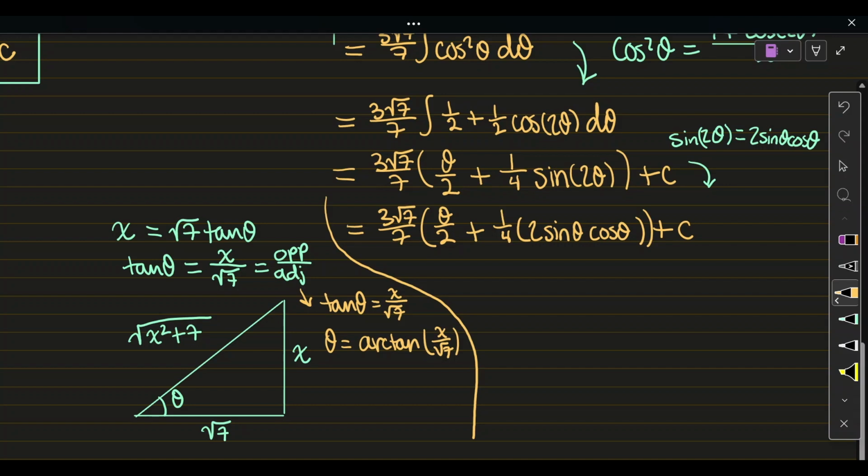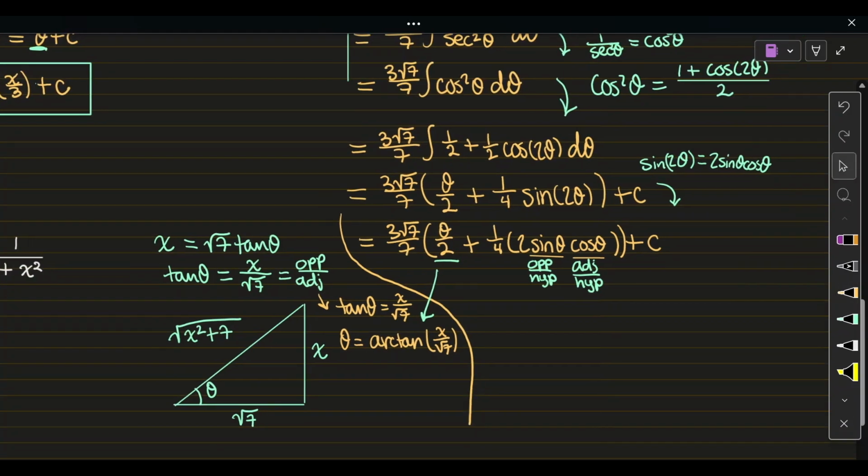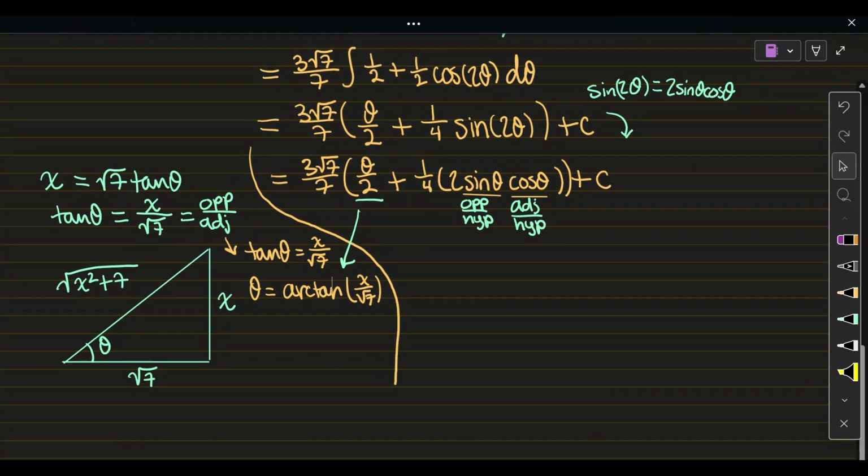Now I can determine sine and cosine of theta based on this triangle by recalling that sine is opposite over hypotenuse and cosine is adjacent over hypotenuse. And we already saw that theta is that arctan here. So we can rewrite everything now in terms of x.